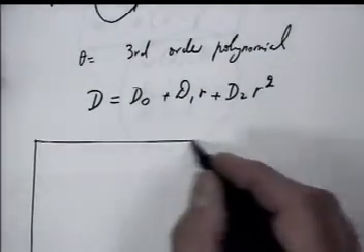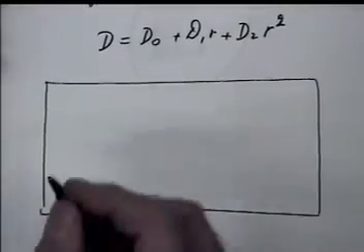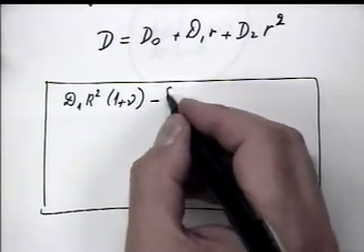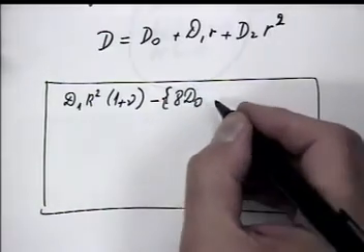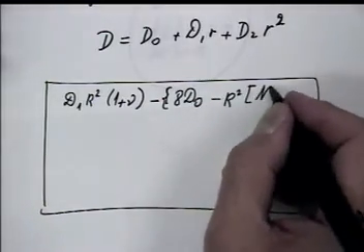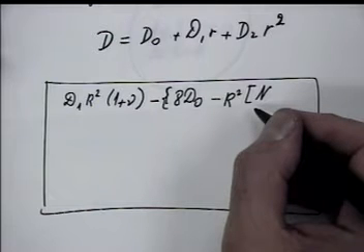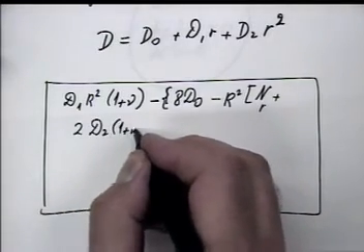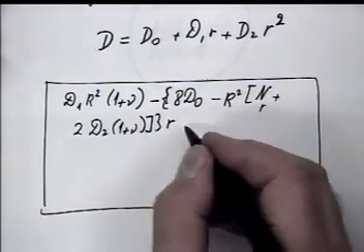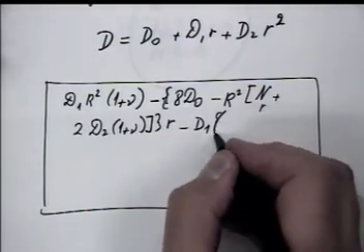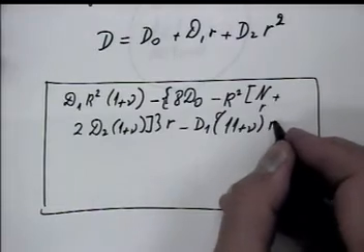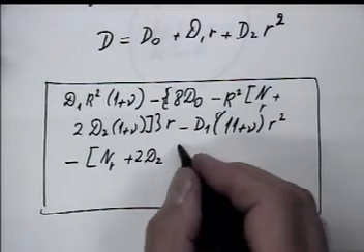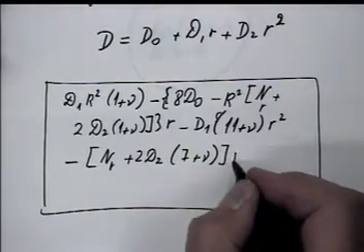Okay, substitution is like this: d1 r squared (1 plus nu) minus 8 d0 minus r squared N_r plus 2 d2 (1 plus nu) r minus d1 (11 plus nu) r squared minus N_r plus 2 d2 (7 plus nu) r cubed equals 0.